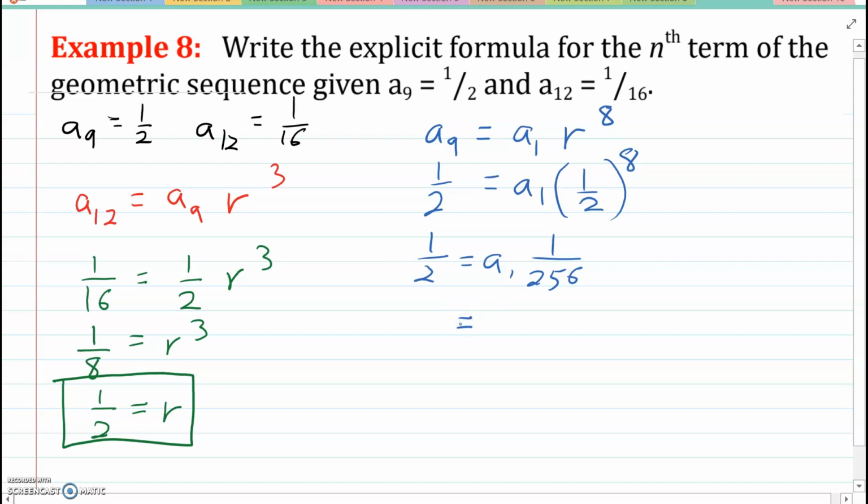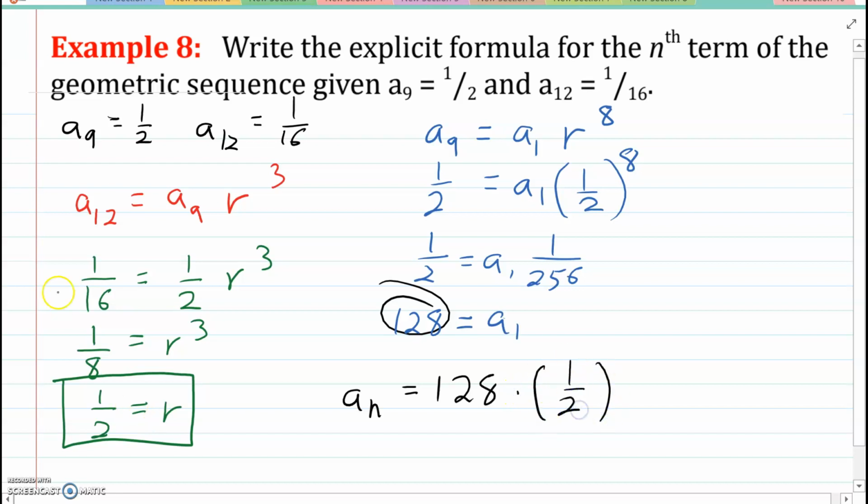Okay. And then you multiply both sides through by 256, and you're going to get that a sub 1 is 128. All right, now I've got all the pieces that I need. A sub n equals a sub 1, which is 128, times my r, which I remember is 1/2, to the n minus 1.